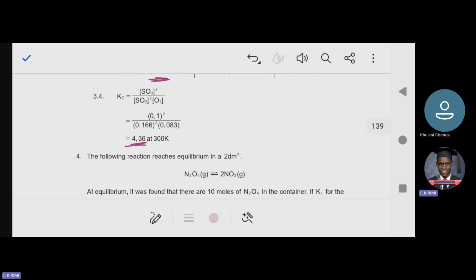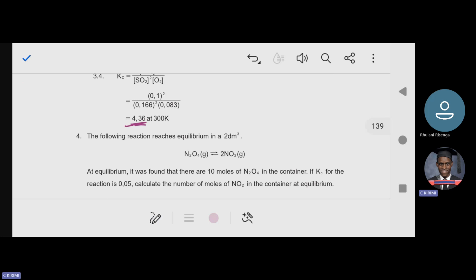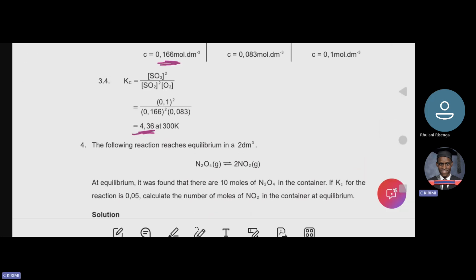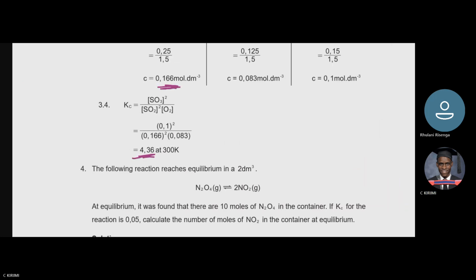So screenshot this one, you work this one, then we discuss it before we start tomorrow. Screenshot this one. We practice this one. Very easy. Just warm up with that one. Tomorrow we'll start from there until we are done with the chemical equilibrium.